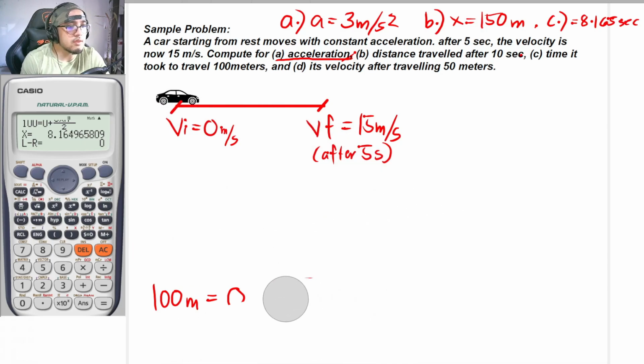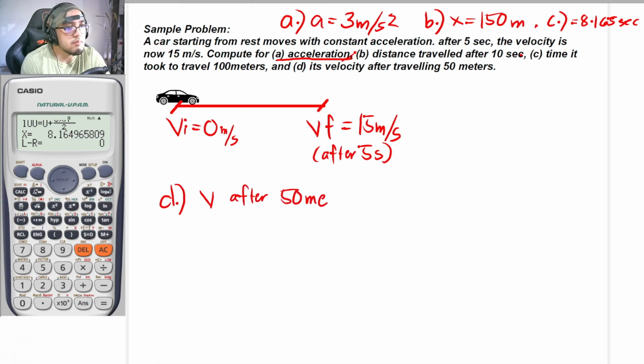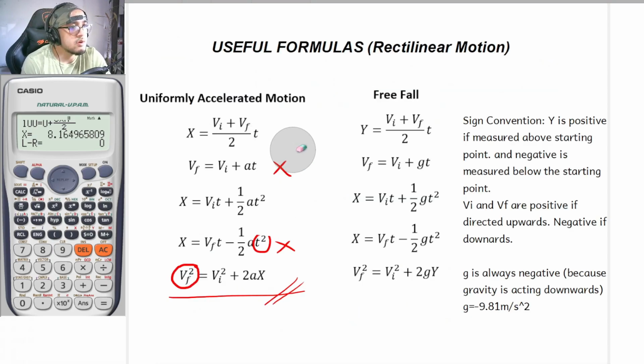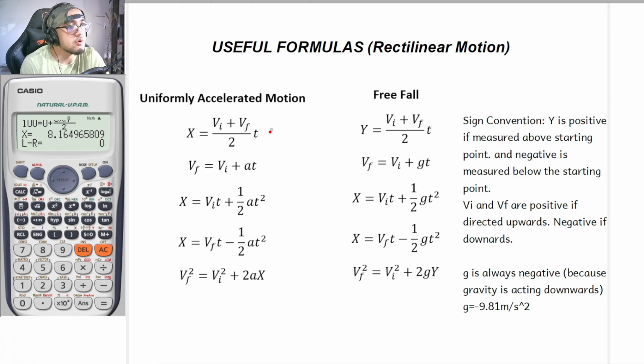Okay, so how about for letter D? In D, what is its velocity after 50 meters? Going back to this equation, we cannot make use of it because we do not know the value of our time. Once again, VF is the one unknown.